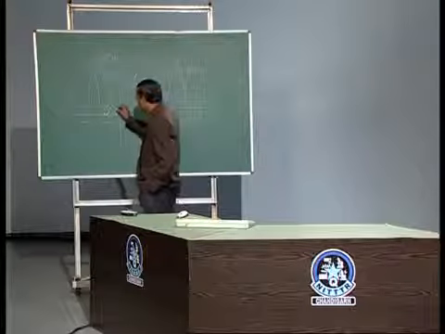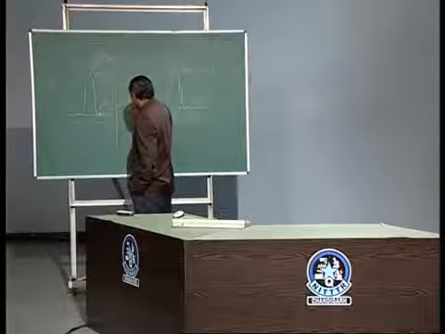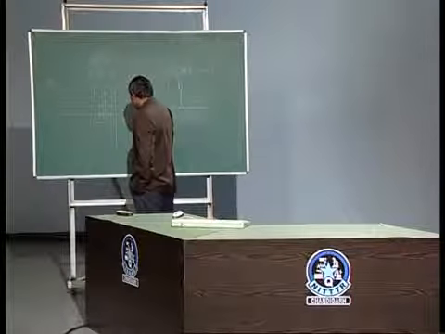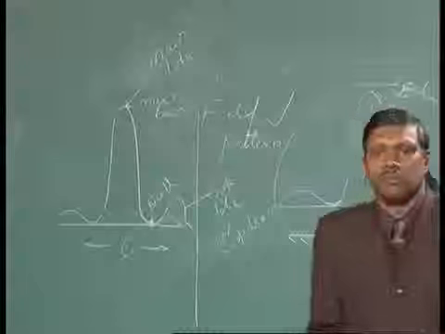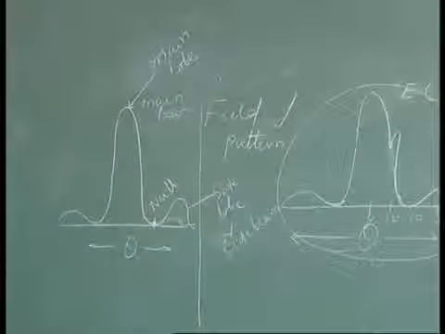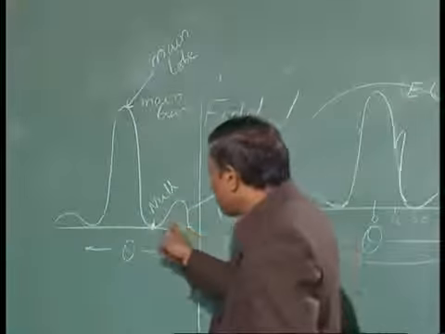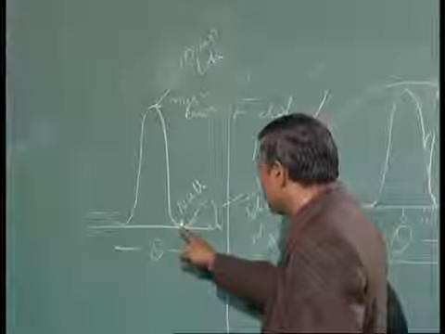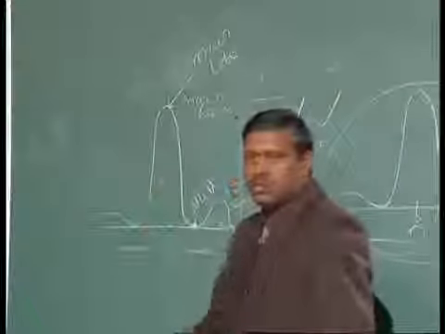So, this lobe is called your side lobe or side beam, because it appears on the side of the main lobe. You will see that side lobes appear only after touching a null. When a main lobe touches a null, then it gets extended, and only then does the side lobe concept come.